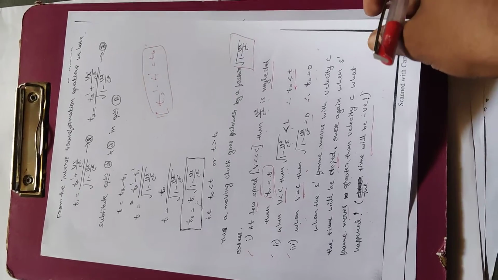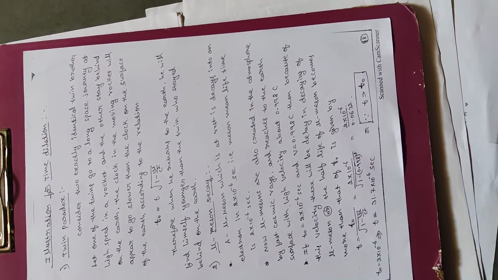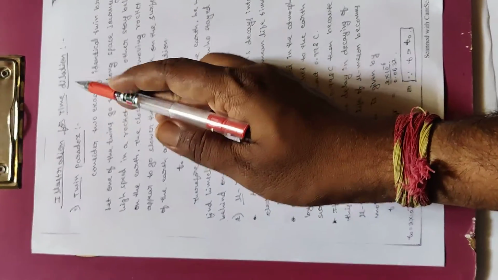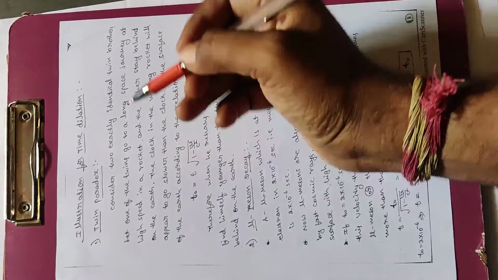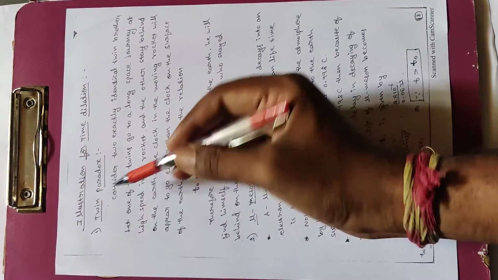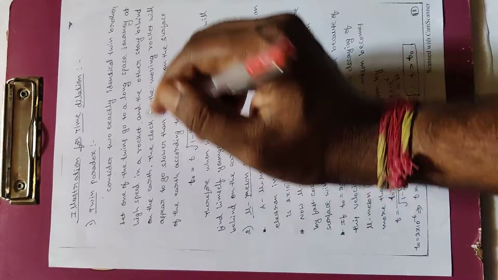On time dilation, we explain two important terms, called illustrations of time dilation, and from an exam point of view these two are very important. The first one is the twin paradox. Consider two exactly identical twin brothers.